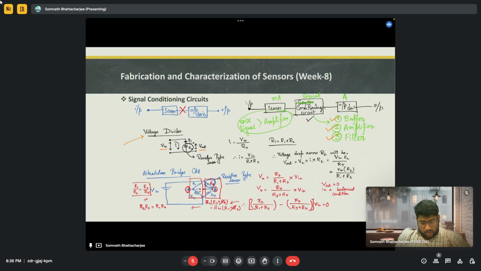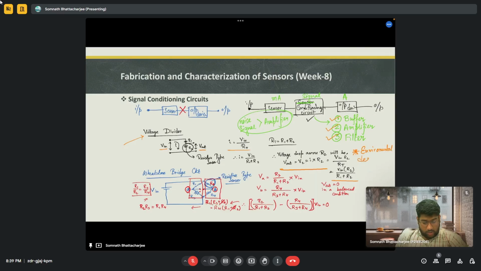Based on this, the current through the circuit is V in by RT, right? And RT is the total resistance, that is R1 plus R2, and the voltage drop across R2, the V out, is nothing but V in times R2 by R1 plus R2.